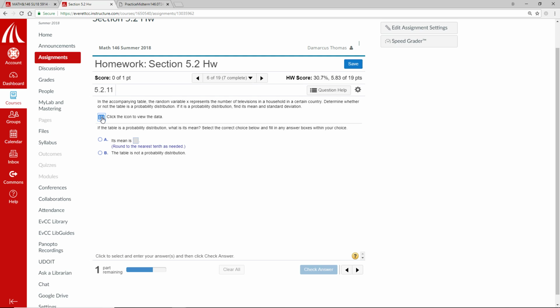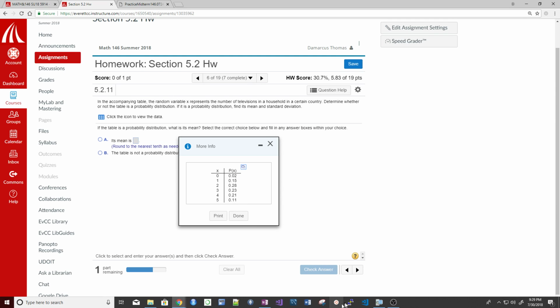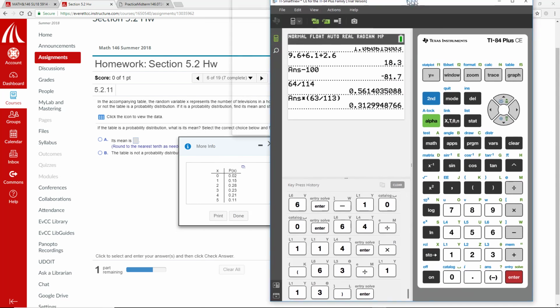The way you find the mean is you multiply the x by the probability, add it with 1 times that, plus 2 times that, plus 3 times this, plus 4 times this, plus 5 times that. One thing I suggested was using your calculator with 2 lists.